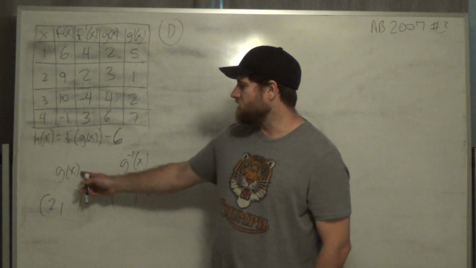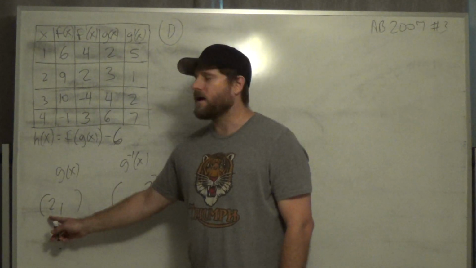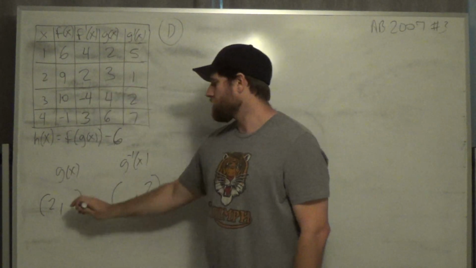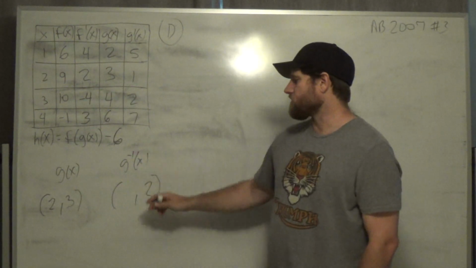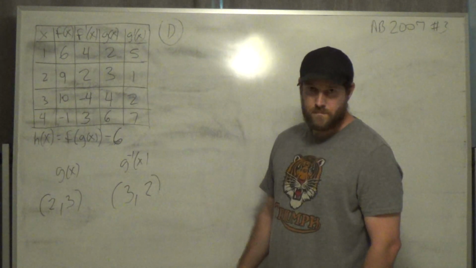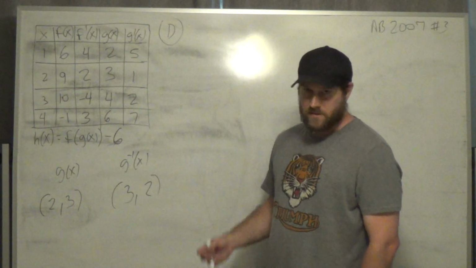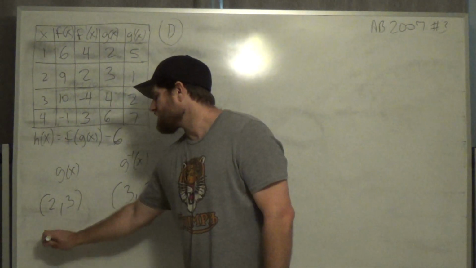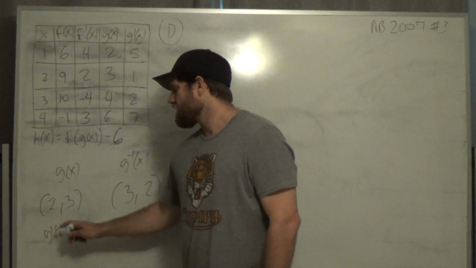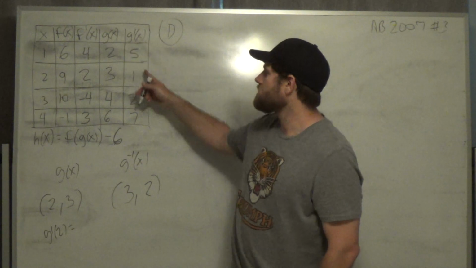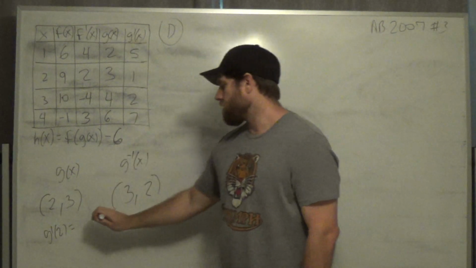So if G of x has the ordered pair of 2 comma 3, which means the inverse function has the ordered pair of 3 comma 2. That's the first thing. The second thing is the slopes. Well, what is G prime 2? If I look at G prime 2, G prime 2 is 1.